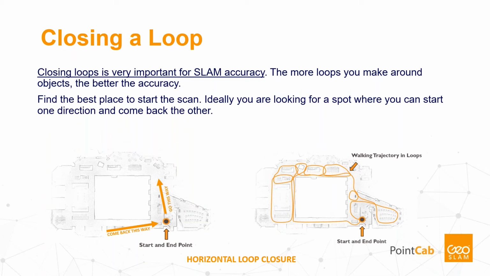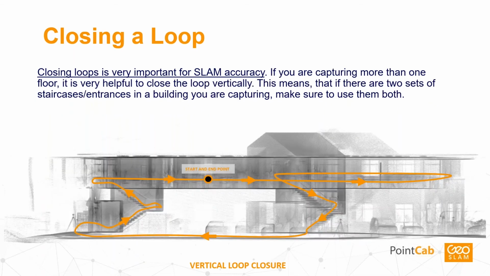Also, as Martin mentioned before, if you don't have enough features, you could always improve it by introducing some features, bringing some boxes with you, opening the doors, just making the environment a bit more unique rather than having the open halls with the blank walls.